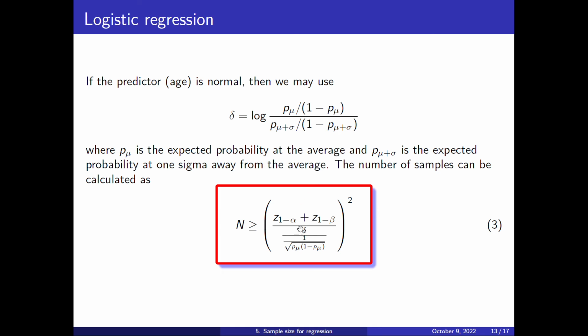So what is the effect size? The effect size is something a bit complicated. It is the logit, the logarithm of two ratios. The first ratio is the expected probability at mu, so at 70 years old. And the other one is the probability at 74, the detection power that you want to have at 74.